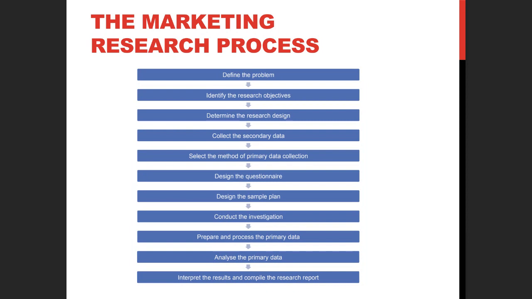So coming back to explaining the research design, which is a step as per this process, research design basically implies research planning. How are you planning to conduct the research?